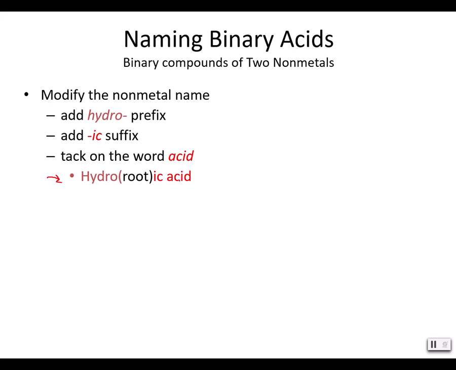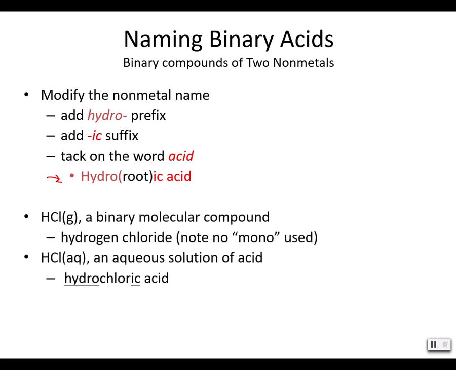So for example, HCl(aq). If I was to give you this molecule, you'd say, oh, I see a hydrogen, I see AQ, it means it's an acid. I know it's a binary acid because I just have the hydrogen and the nonmetal. So I'm going to name it as a binary acid, which would be hydrochloric acid.